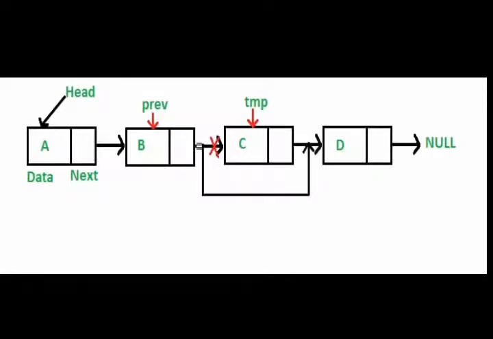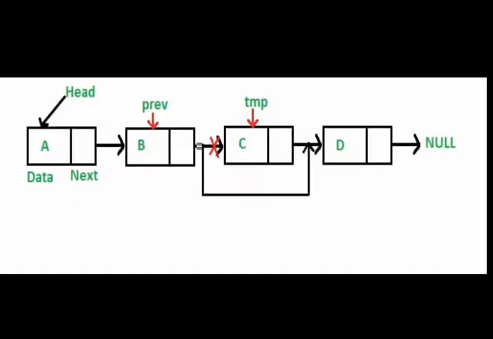here is the important step. Here the concept comes. That is, you are joining B and D, leaving the C node without any connection with B and D. So look at the diagram. Temporary next equal to previous next. So here is a very important step. Focus here.